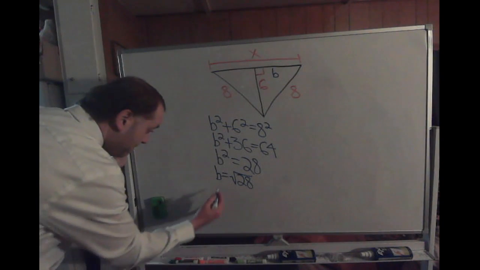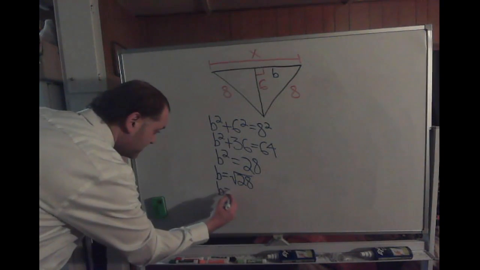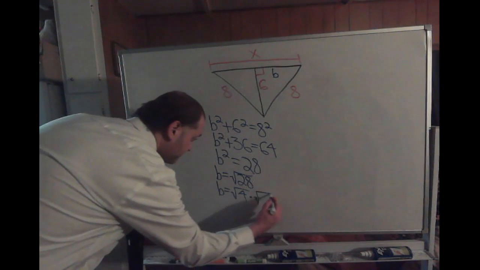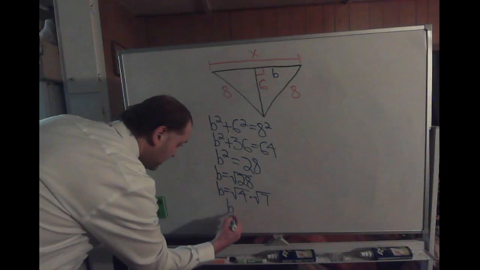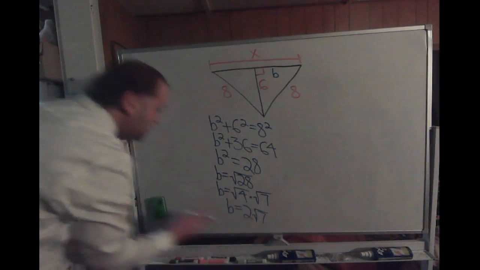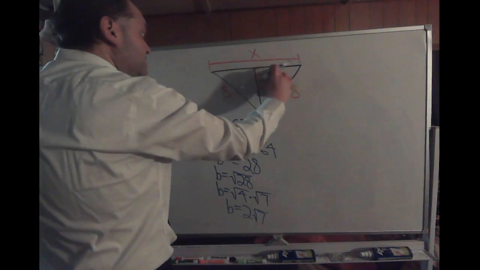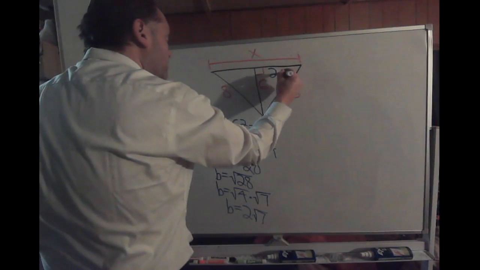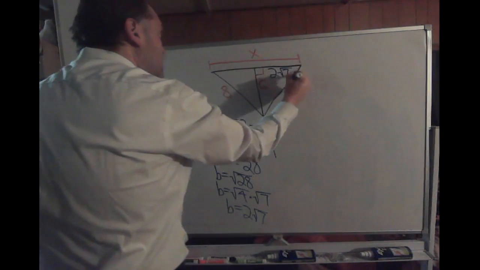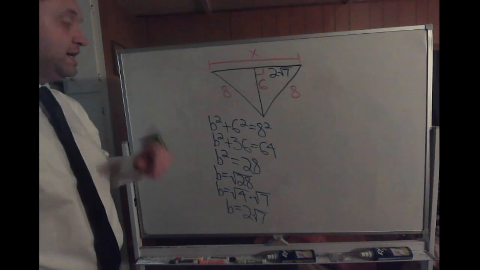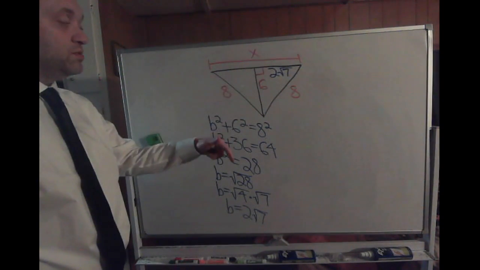And then B, of course, is equal to the square root of 4 times the square root of 7. So that means the B has to have a length of 2 times the square root of 7. So this leg here for this right triangle would actually have a length of 2 times the square root of 7.